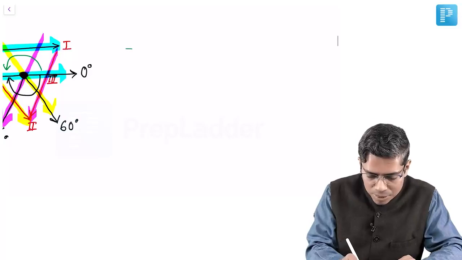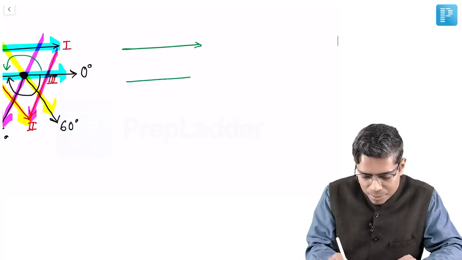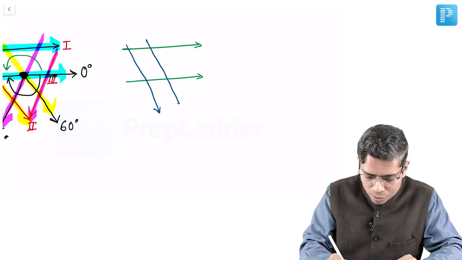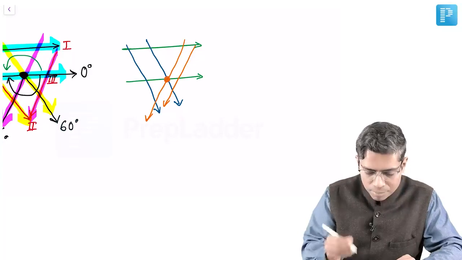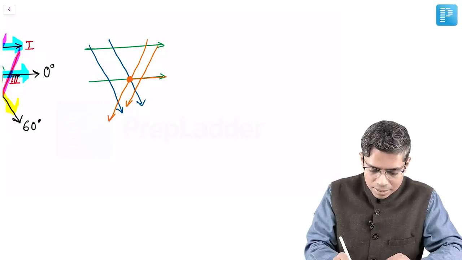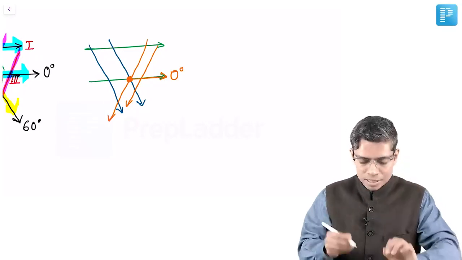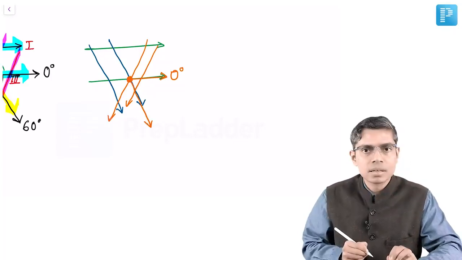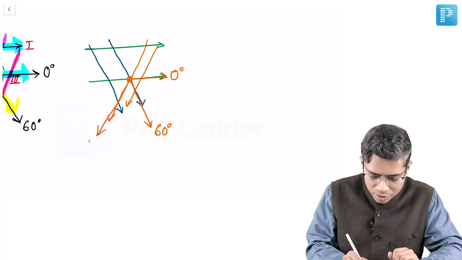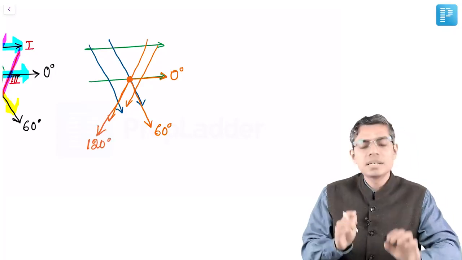What am I doing? If this is lead 1, I am parallelly shifting lead 1. If this is lead 2, I am shifting lead 2 here, and if this is lead 3, I am parallelly shifting lead 3 here. So all these three vectors are meeting at a center. From this center, the lead 1 direction is 0 degree by convention, the lead 2 angle is 60 degree, and lead 3 by convention is 120 degree.